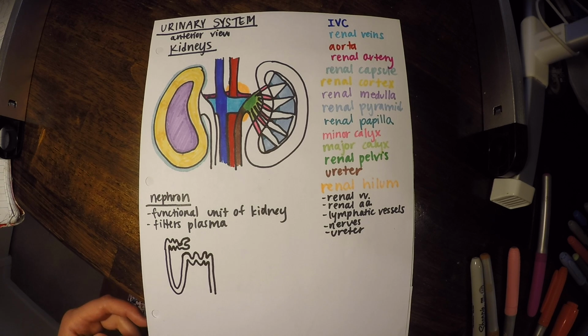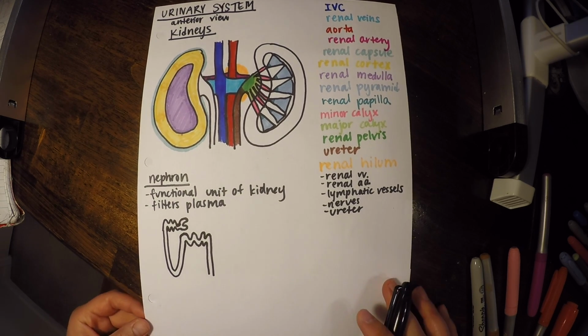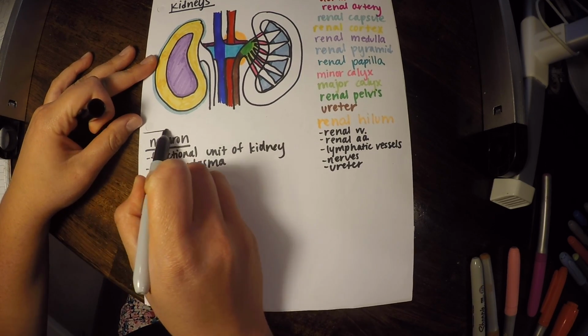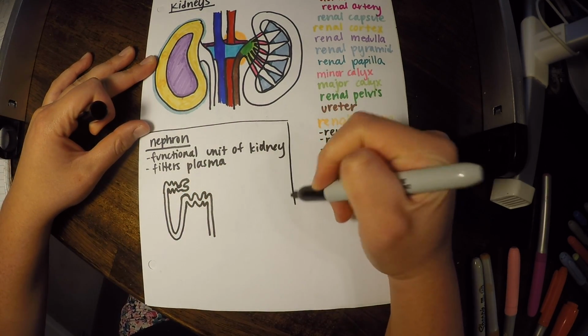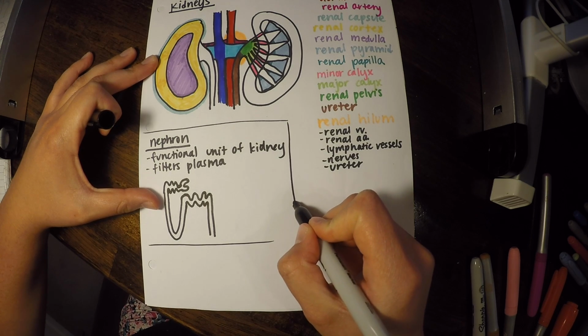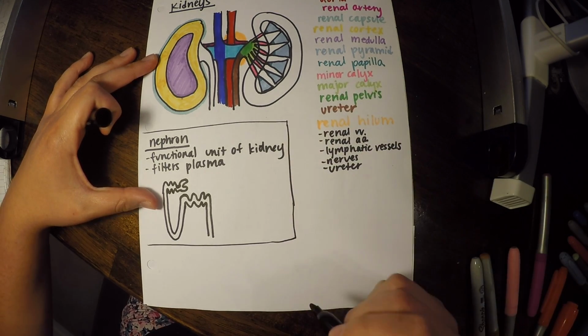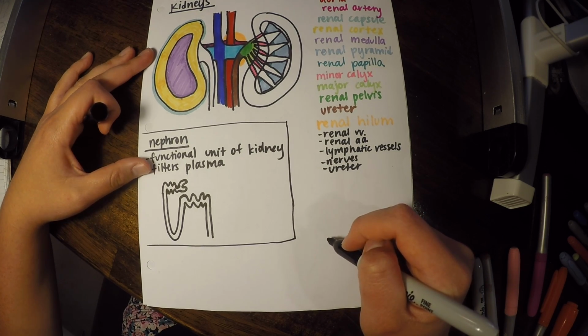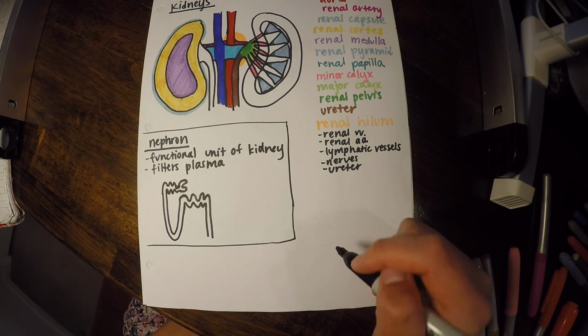Now, one other side note is that I want to talk about the area in the body that the kidney is sitting in. So one last thing I'm going to do on this paper here. So let me just separate. This is our nephron. And then I'm going to show you a mid-sagittal cut of a side view of a person.